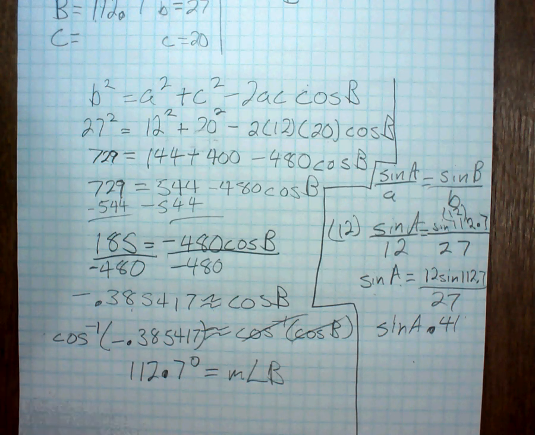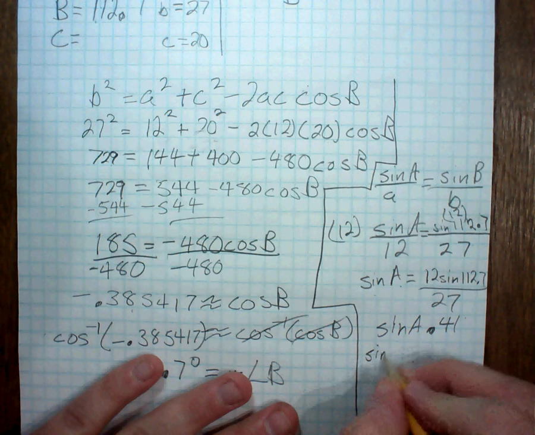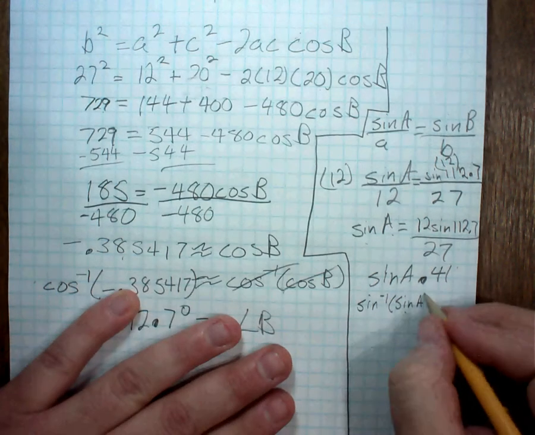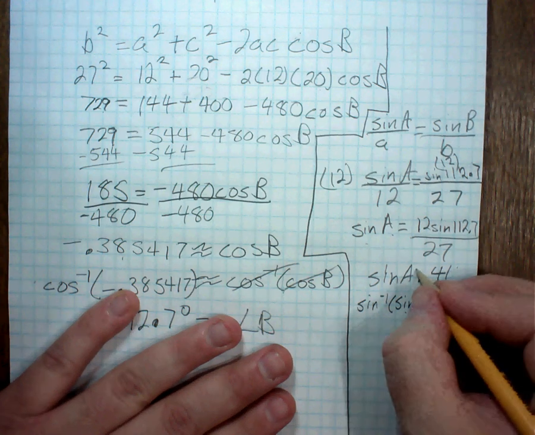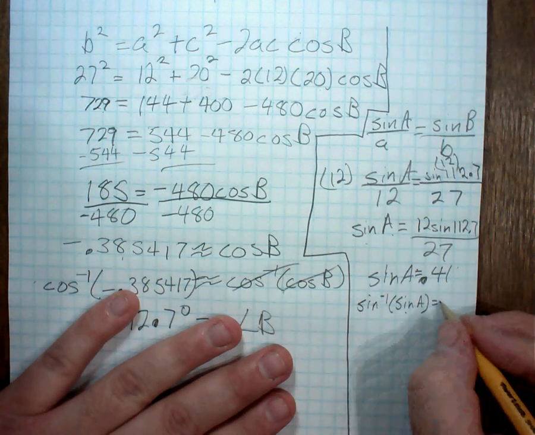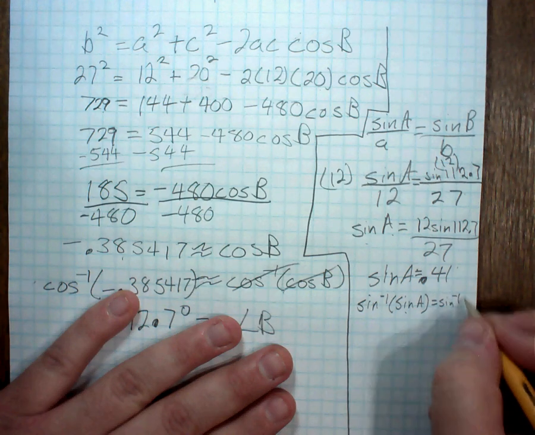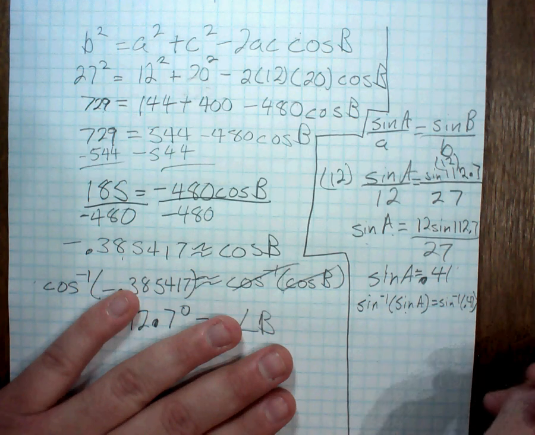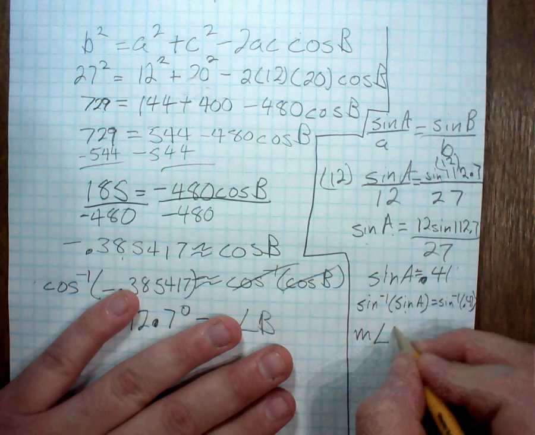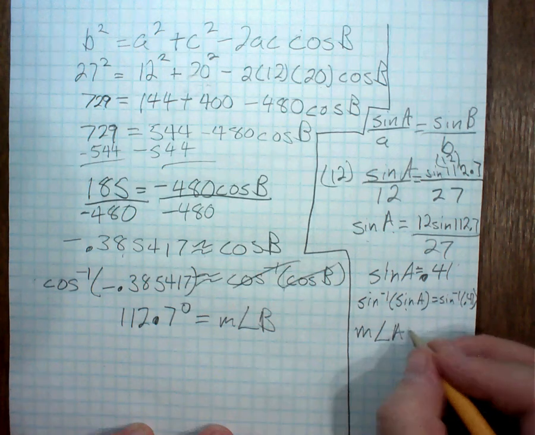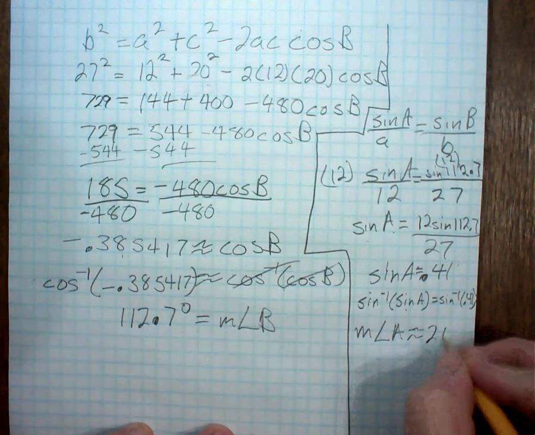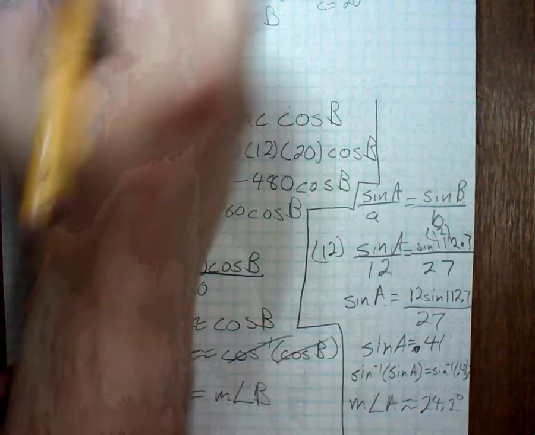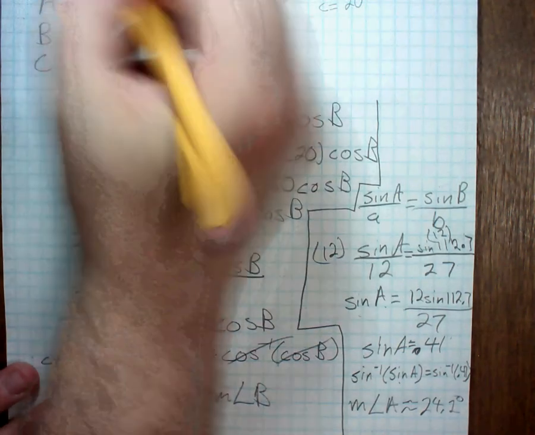I get 24.2. Yep, so I'm going to say sine inverse of sine of A is equal to sine inverse of 0.41, and I get the measure of angle A is approximately 24.2 degrees. So we'll write that in up here, 24.2 degrees.